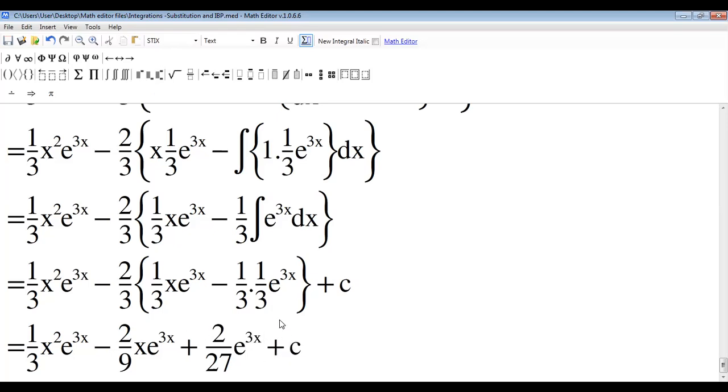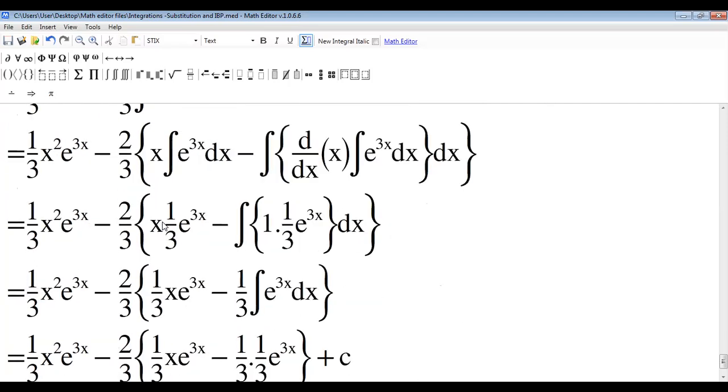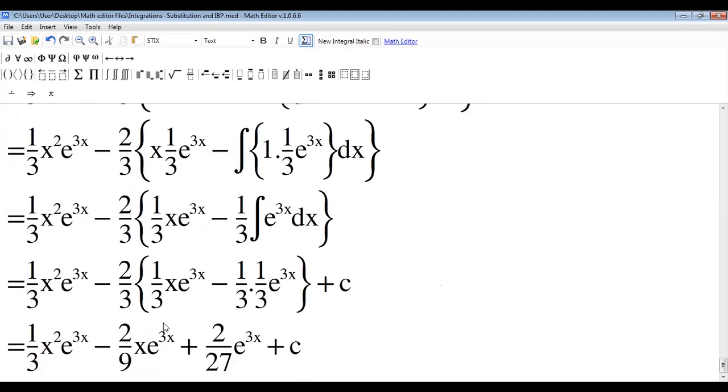So this is the result of the integration of this example 4. The integration of x square e to the power thrice x dx is this, using integration by parts, that means the UV rule.